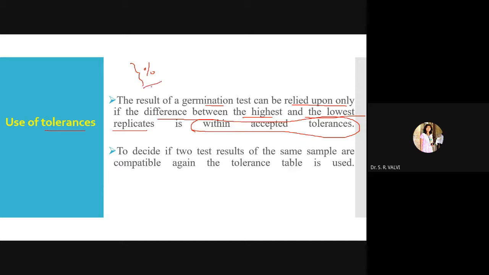So if the difference between the highest and lowest replica is within that percentage, then we can use our tolerance, right? To decide if two test results of the same sample are compatible, again the tolerance table is used. According to this we have to use the particular tolerance table, according to the highest and lowest replica results.